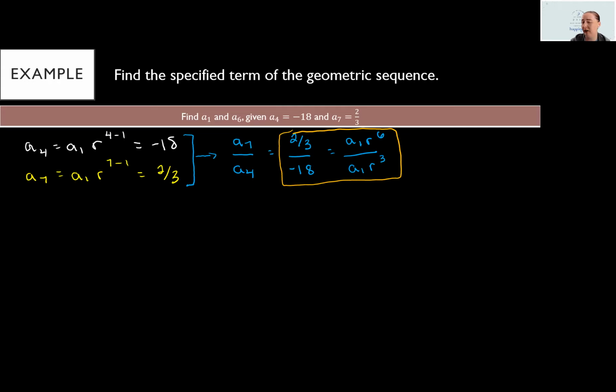So I'm basically creating a ratio out of my terms. The A1s cancel out, which leaves us with 1 variable to solve for. So I've got 2/3 divided by -18, and we don't want to approximate this.